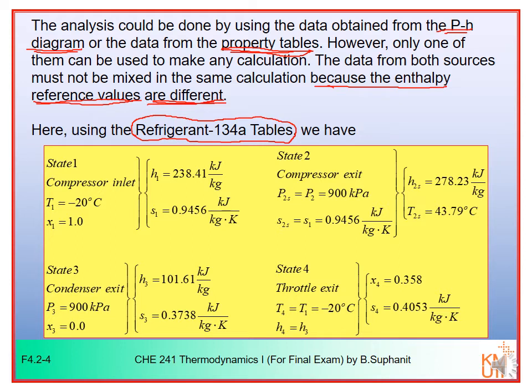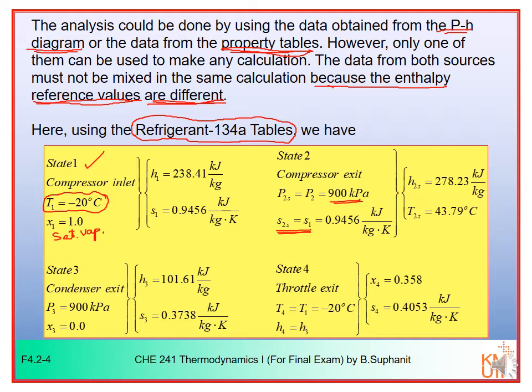Now, from the refrigerant R134A tables, at state number 1, you know the temperature and you know that it's sat vapor. So this state is fully defined. You can go to the saturated table to look at the enthalpy and entropy values. At state number 2, when you follow the compression process, you know the pressure, which is the final pressure, and you know that the process is isentropic, so you know the entropy value at the exit as well.